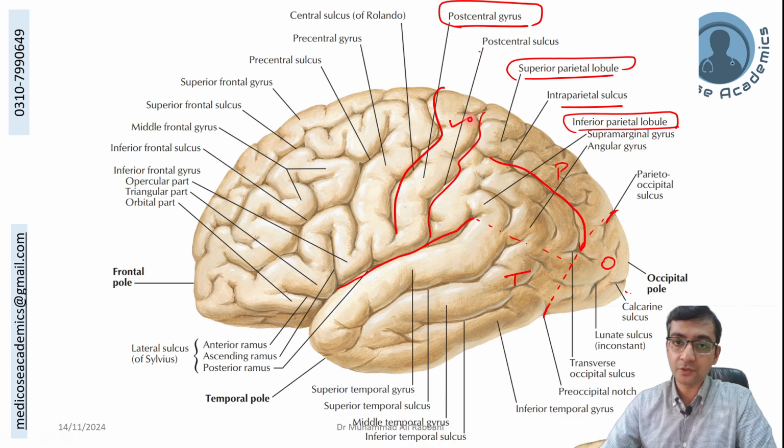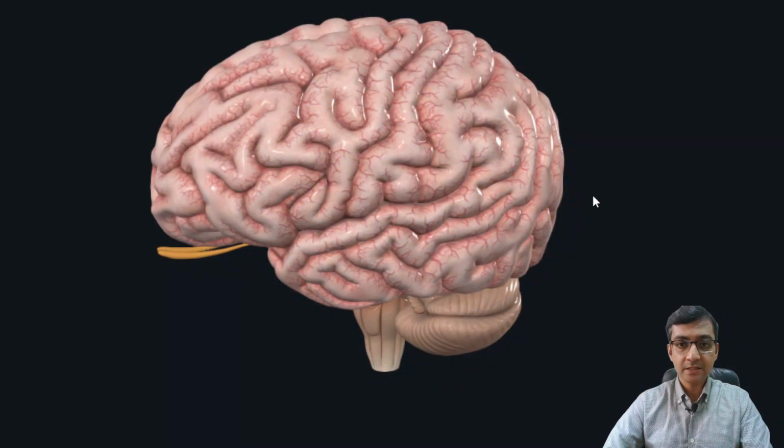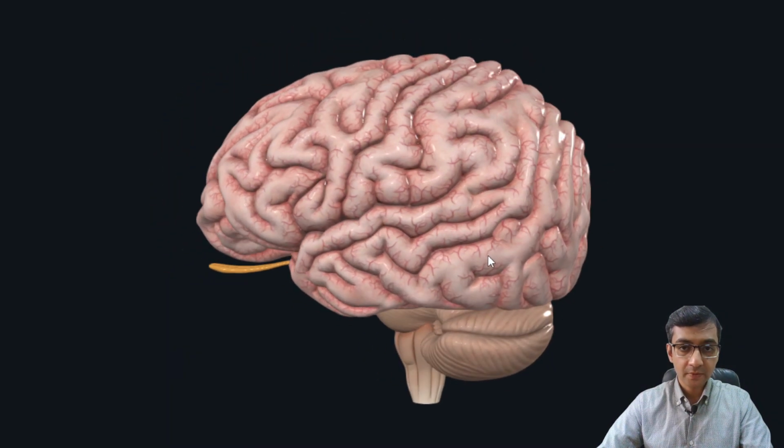In the parietal lobe, we saw two sulci, the postcentral sulcus and intraparietal sulcus, and three gyri: postcentral gyrus, superior parietal lobule, inferior parietal lobule. We can revise these on the model.